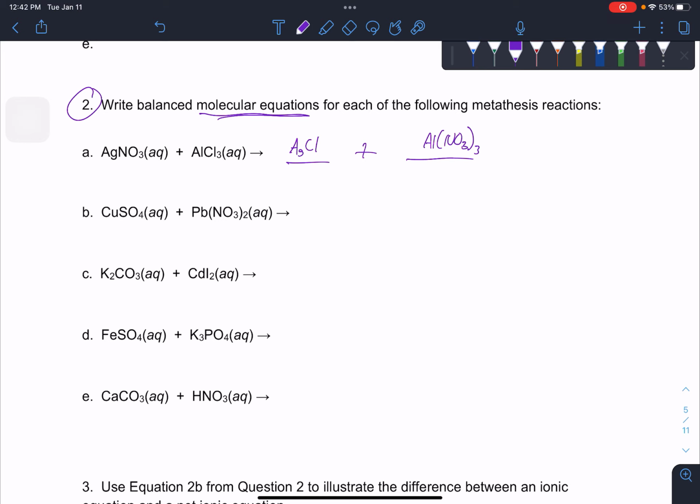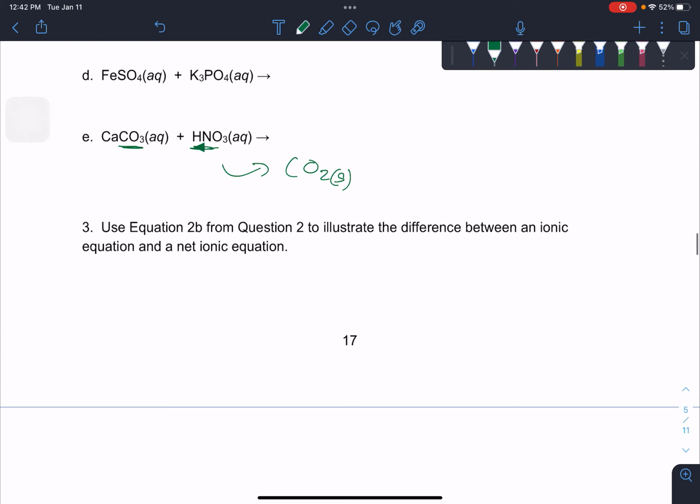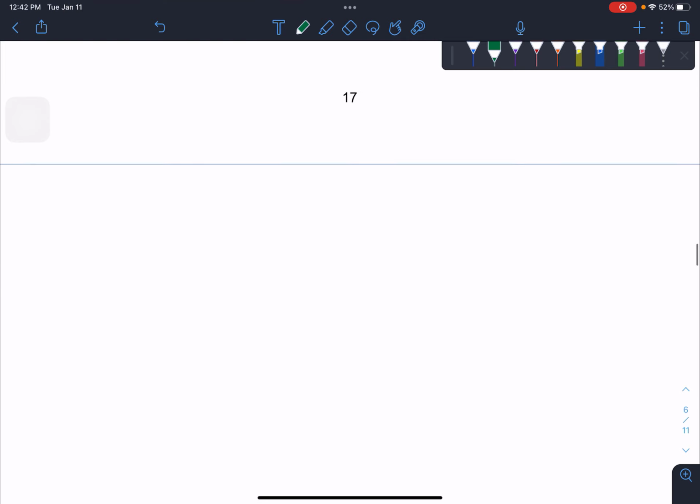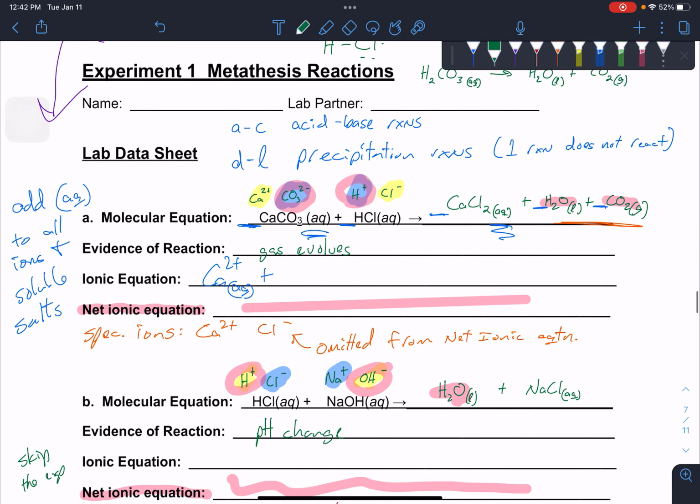And on this one down at the bottom, notice you have a carbonate, and that's another acid there. Those are the patterns you're looking for when you form CO2. This is analogous to reaction 1 that we looked at.